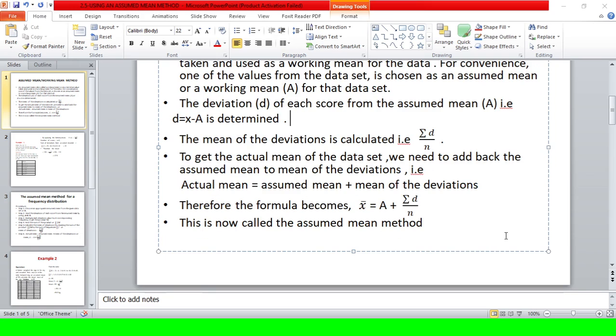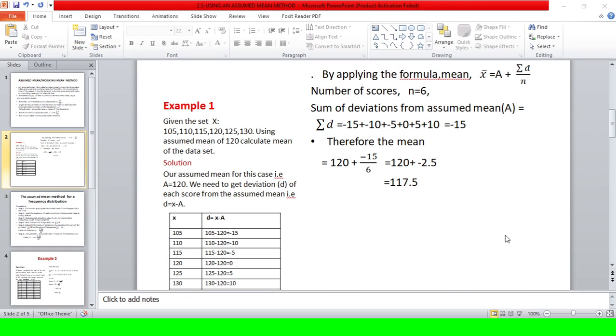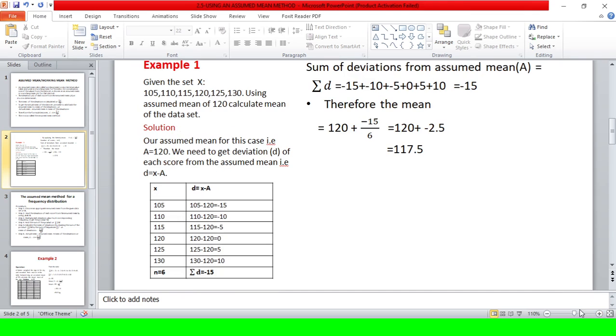So as an illustration, we look at example 1. Given the set x with the values 105, 110, 115, 120, 125, 130, using an assumed mean of 120, calculate the mean of the data set.